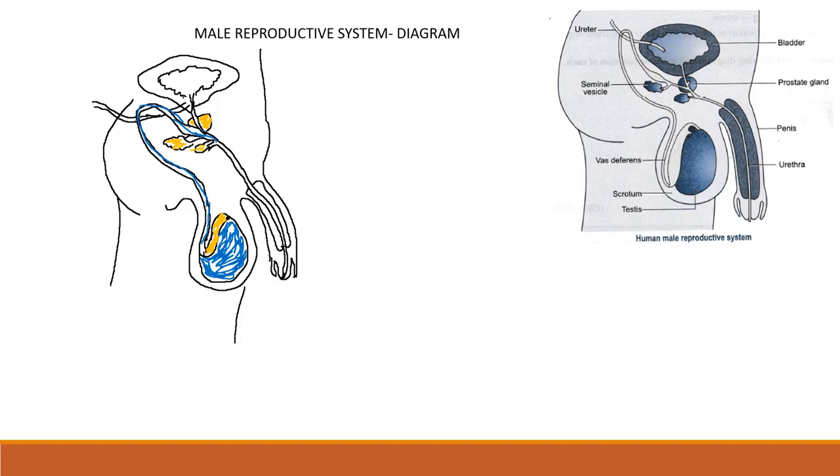This is a bulbourethral gland. This is for the lubrication of penis during the copulation, right? And I'll mark it as red.